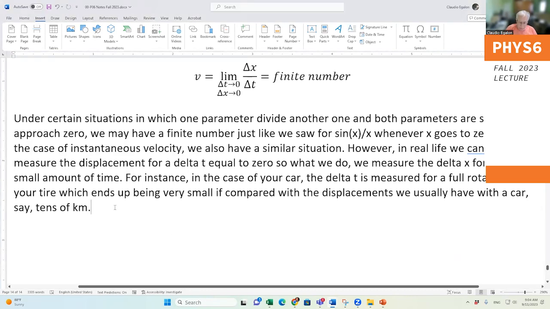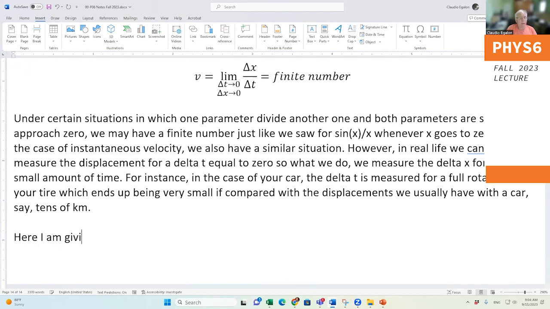Furthermore, here I am giving you just a qualitative idea of the instantaneous velocity.